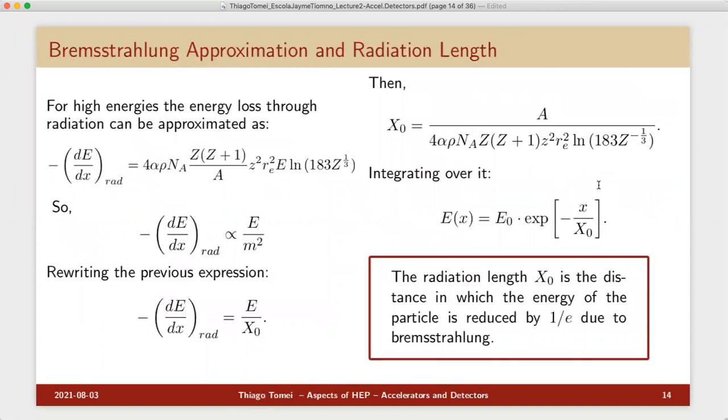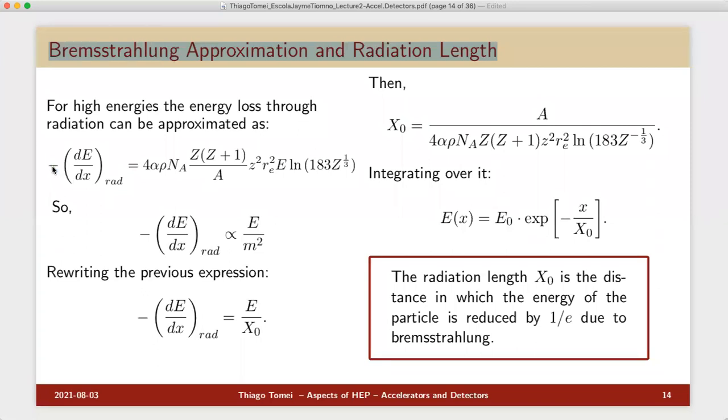Let's delve a little bit deeper into this, okay? Let's assume that we are only talking about bremsstrahlung, because at high energies, you only care about bremsstrahlung. Again, if you run the calculations on the bremsstrahlung, and here I'm not going to do it, you can open a book and see some semi-empirical derivation of it.